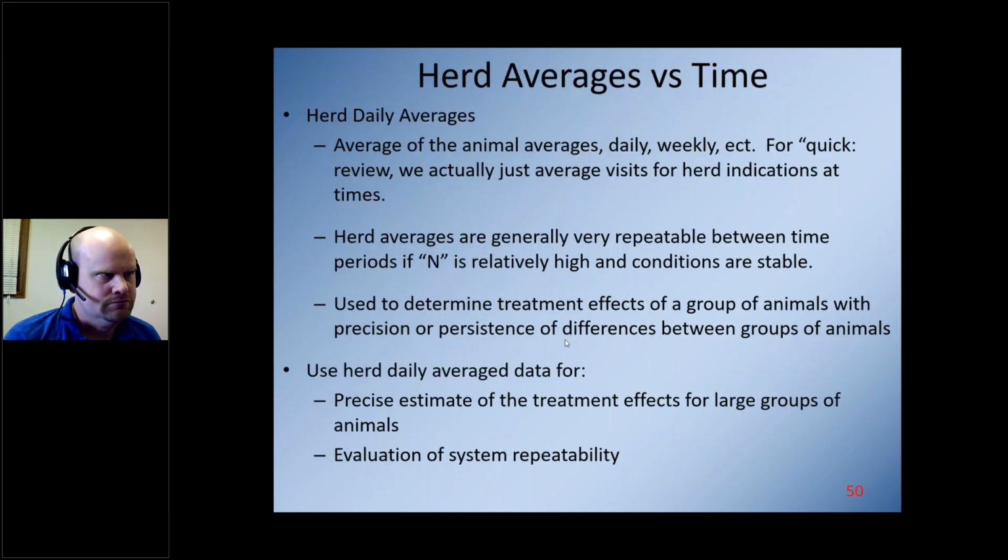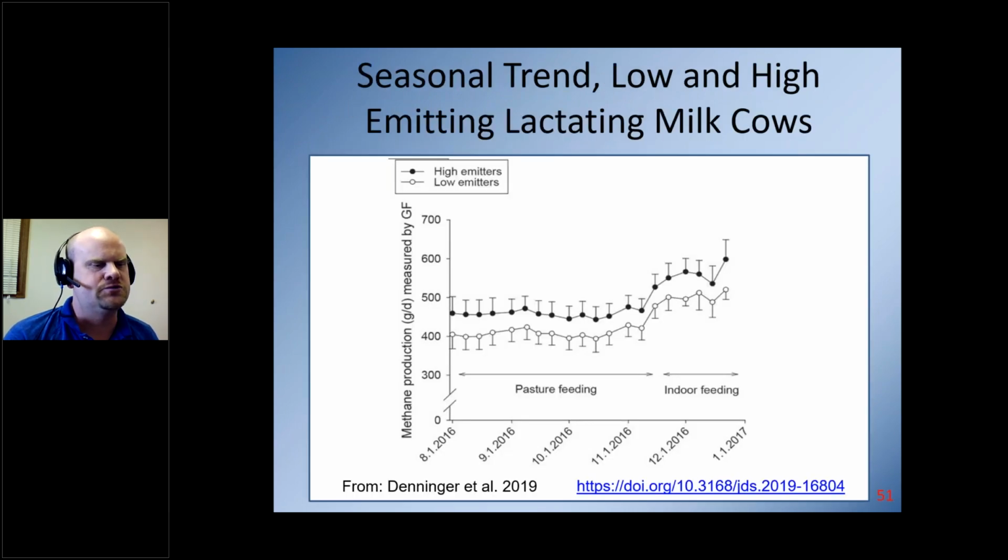So here's some examples. This would be an example of a seasonal trend measured with GreenFeed, taking weekly averages. So on the x-axis is time.